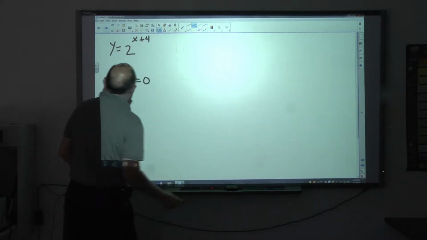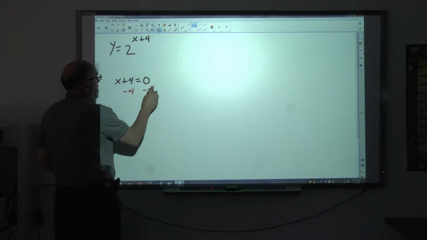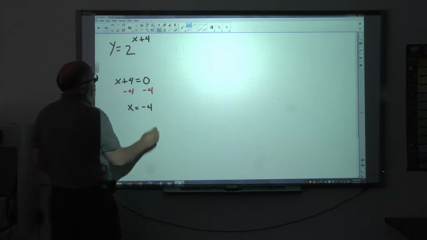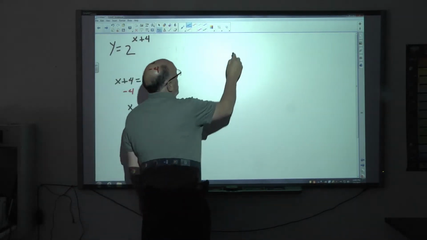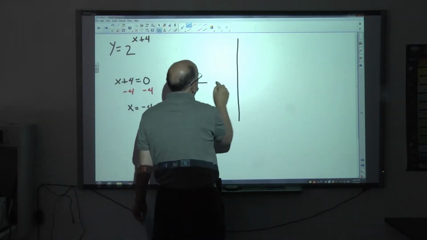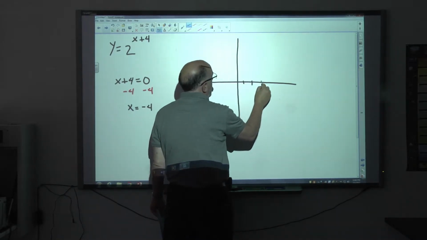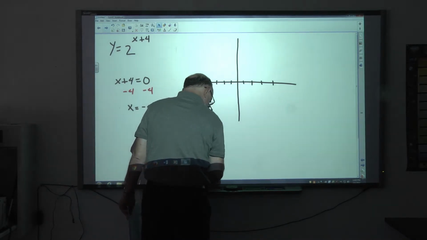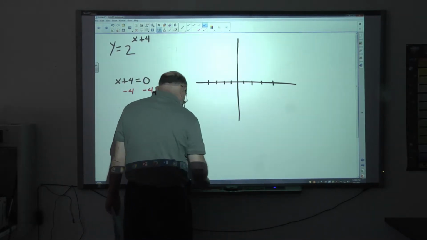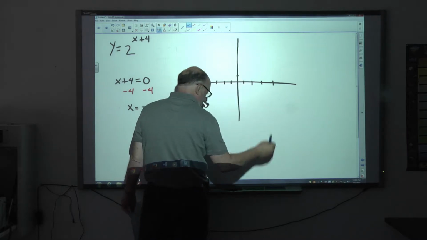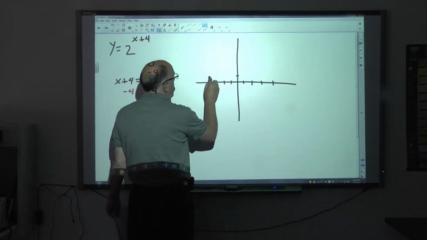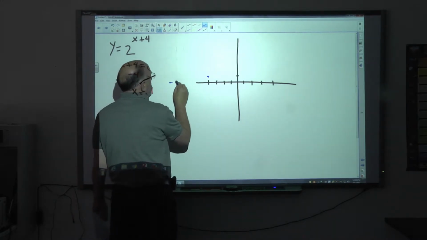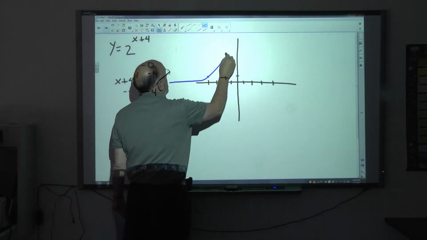Well, x plus 4 will equal 0 when x is negative 4. And so what this does to our graph is shift it over 4 units to the left. So now there's my point, and my curve is going to look like that.